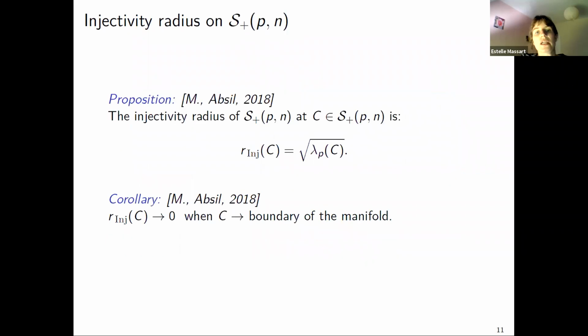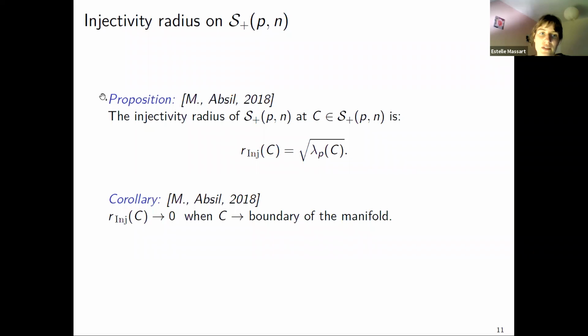As a corollary, we have written this condition, Y1 transpose Y2 invertible, in a different way, and actually we can show that it's equivalent to a condition we can rewrite in terms of the eigenvalues of the matrices. We can turn this condition into a condition on the eigenvalue of the initial matrix.